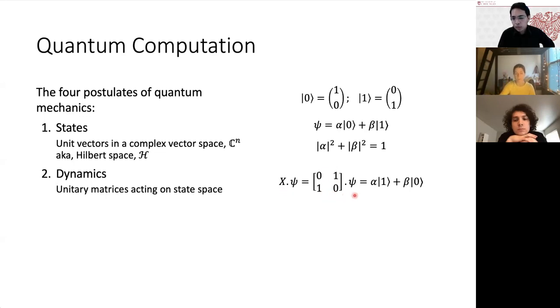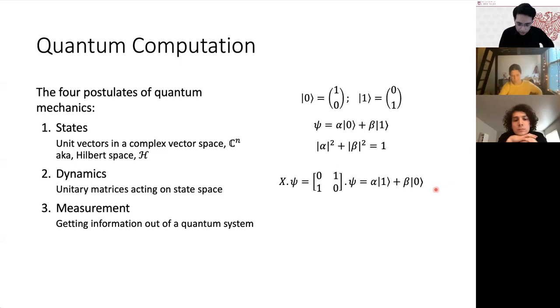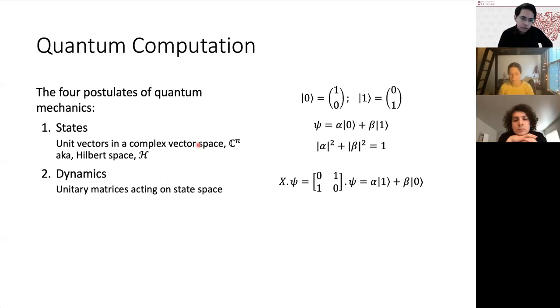It's just a 2 by 2 matrix, and we multiply it by the state vector given above. What it does is swap the two amplitudes, so we get alpha 1 and beta 0 instead of 0 and 1 we saw above. I should mention that these first two postulates are about isolated systems.